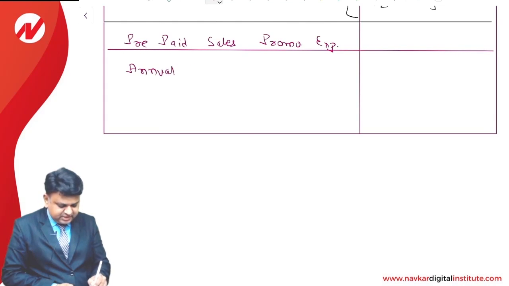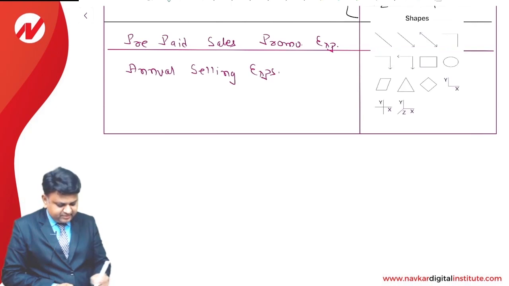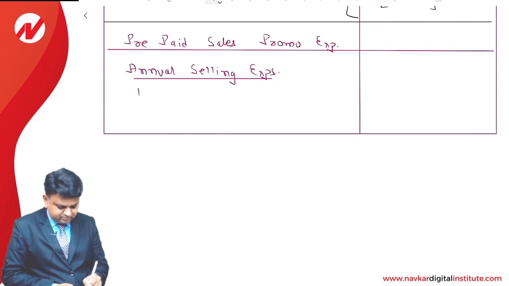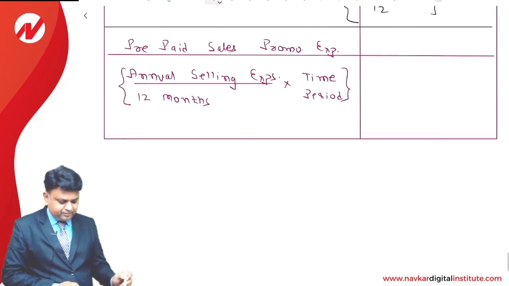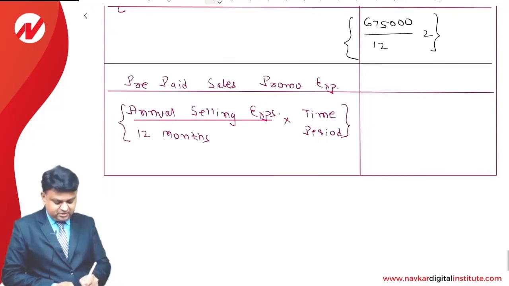It is annual selling expenses divided by 12 months into time period. Annual expenses are 1,20,000.